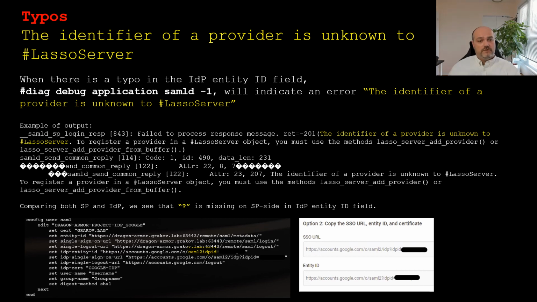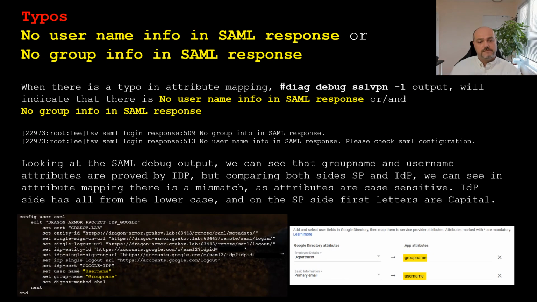When there is a typo in the identity provider entity ID field, the debug application saml -1 will indicate this error. One of the most common ones: no username info in a SAML response, or no group info in a SAML response. When there is a typo in attribute mapping, the debug application sslvpn -1 will indicate this error.